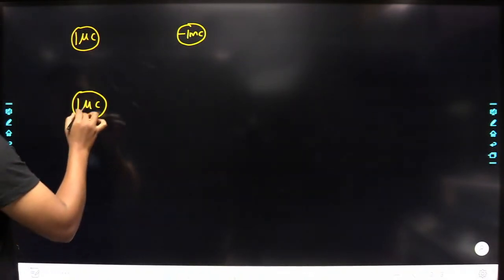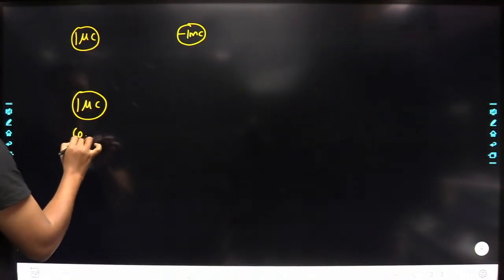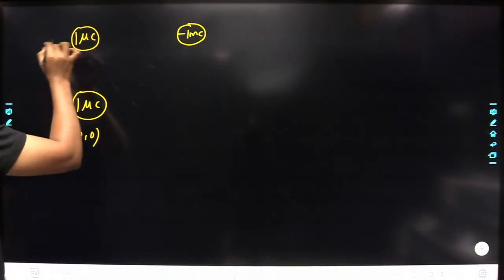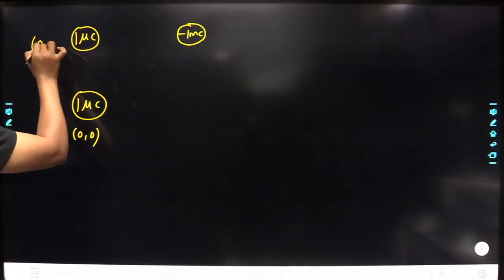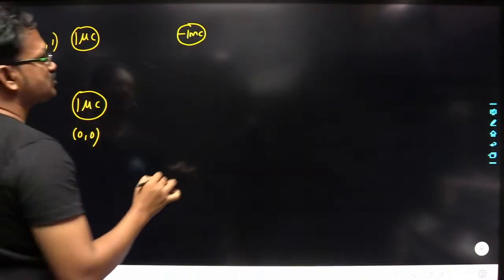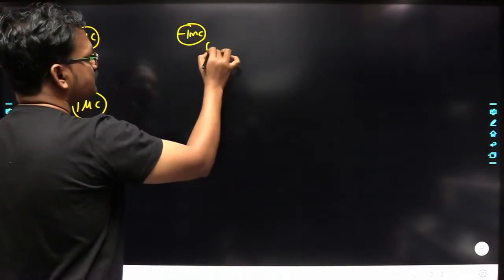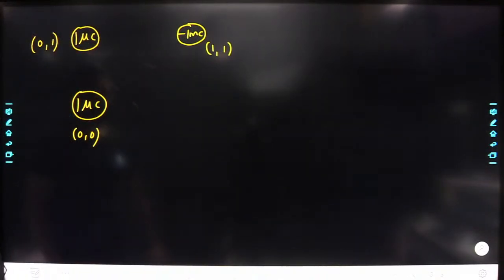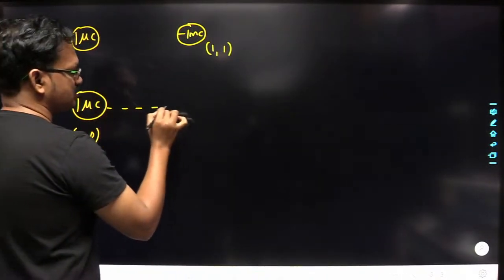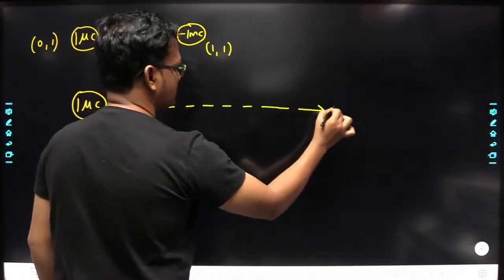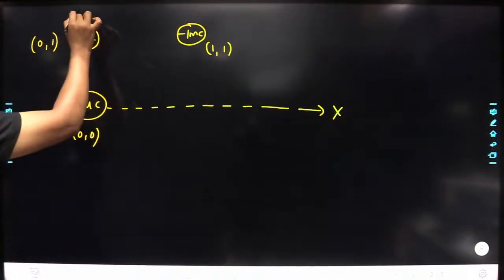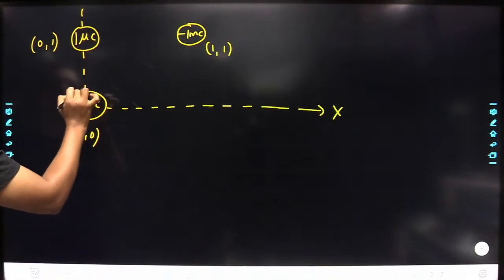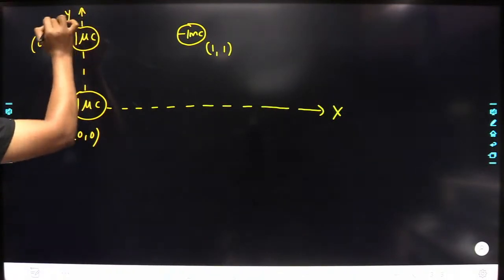So let us say this 1 microcoulomb of charge is placed at 0, 0, and this 1 microcoulomb of charge is placed at 0, 1, and let us assume this minus 1 millicoulomb of charge is placed at 1, 1, and let us consider this axis as x-axis and this axis as y-axis.